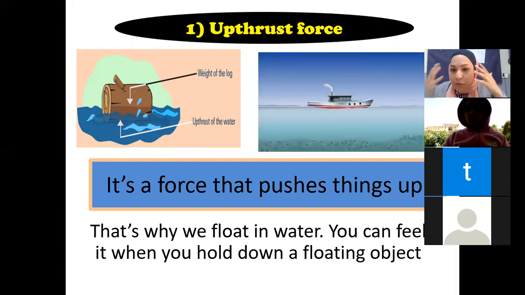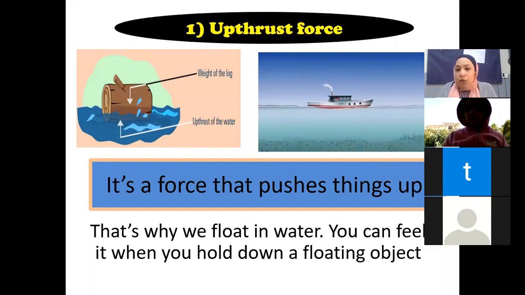Have you ever asked why some boats float? For example, why a wooden log would float? Why some toys that you put in a bowl of water float? This is because of the upthrust force, because the water is trying to push the object in the other direction.